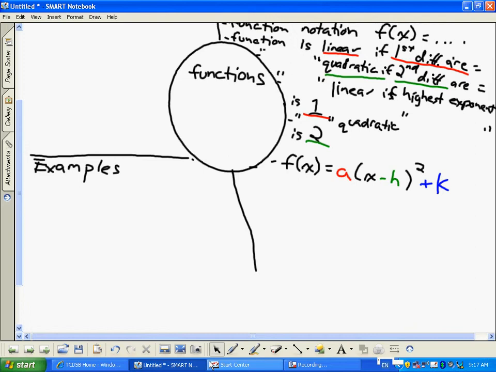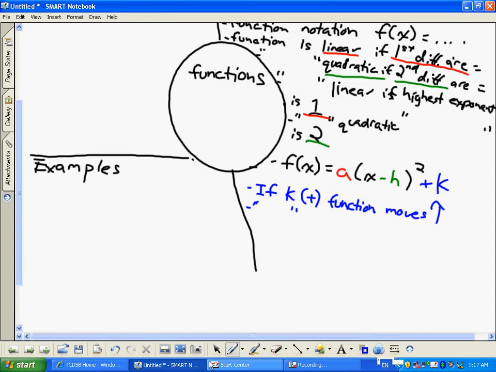Morning, Stuart. Let's talk about what a does, what h does, and what k does. Okay? Who can tell me, we'll start with the easier ones. Who can tell me what k does? Thomas. If positive, it goes up, and if negative, it goes down. Beautiful. So, I'll do it in blue because k is blue. If k is positive, function moves up.